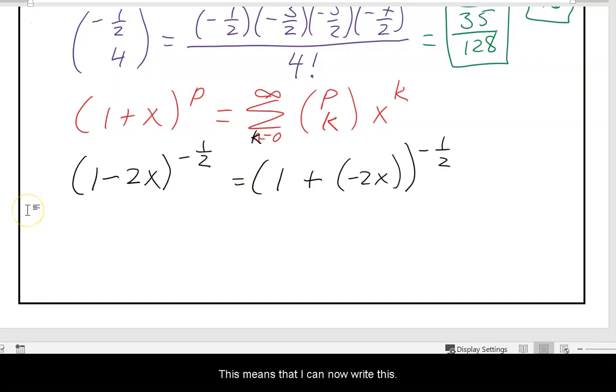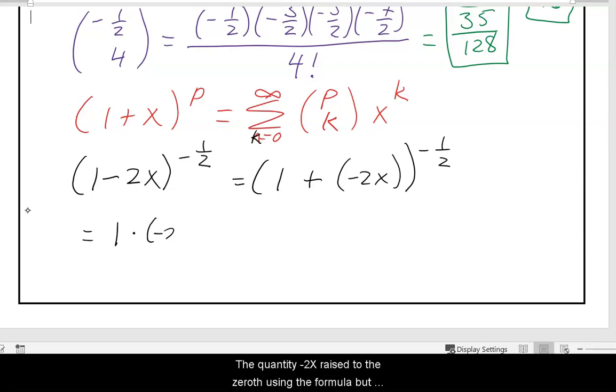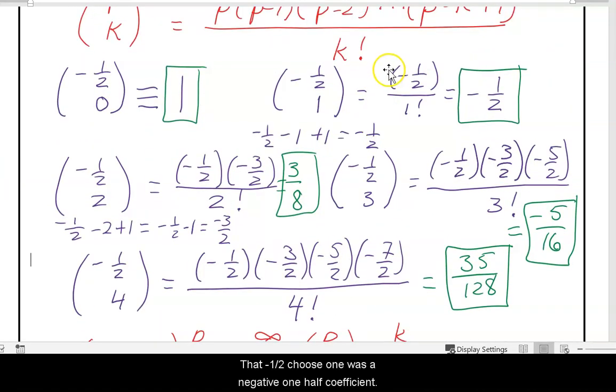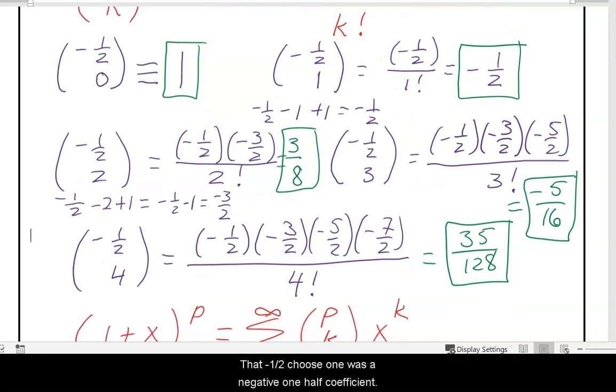This means that I can now write this as 1 times the quantity negative 2x raised to the 0th using the formula, but with negative 2x in place of the x from the formula. For the next term, we found that negative 1/2 choose 1 was a negative 1/2 coefficient.